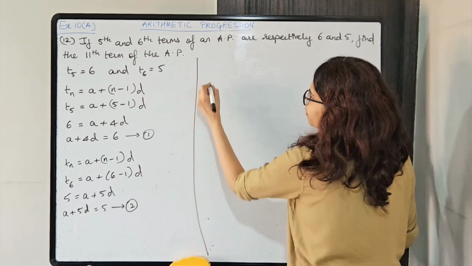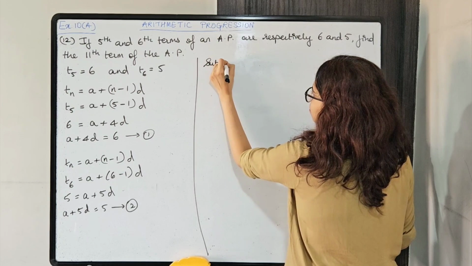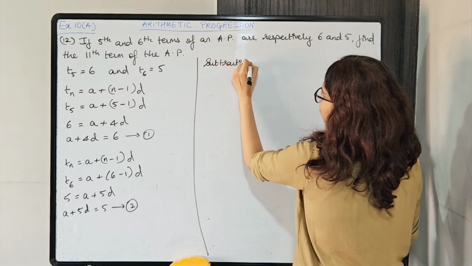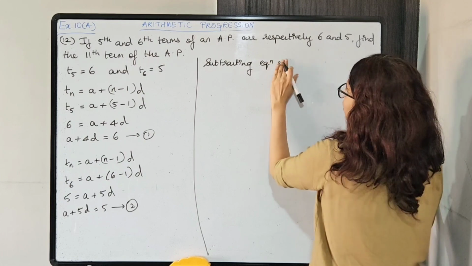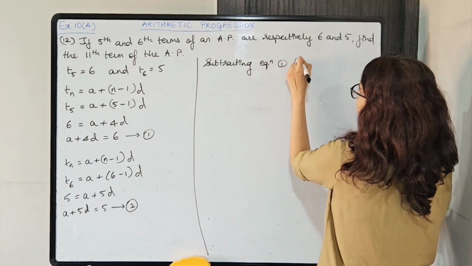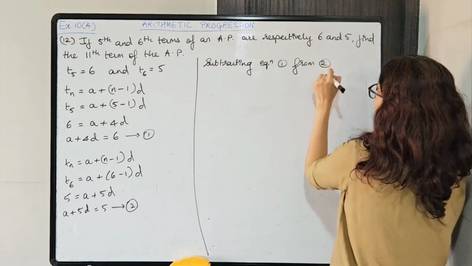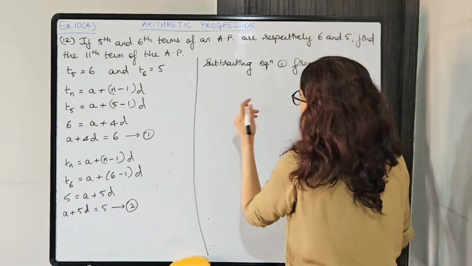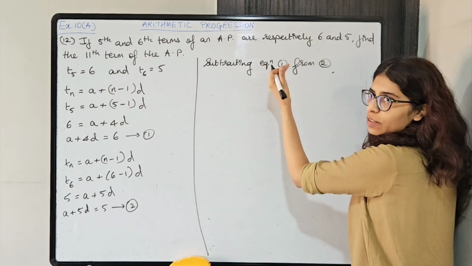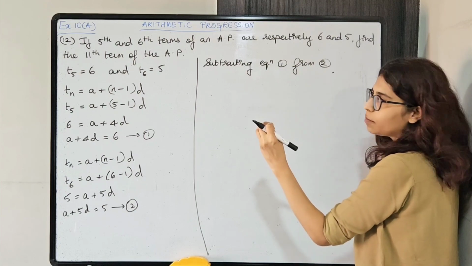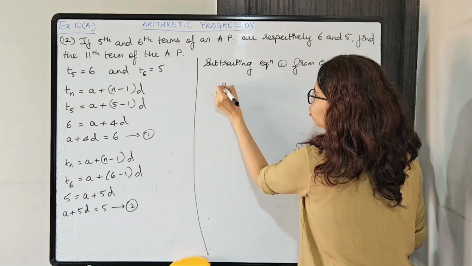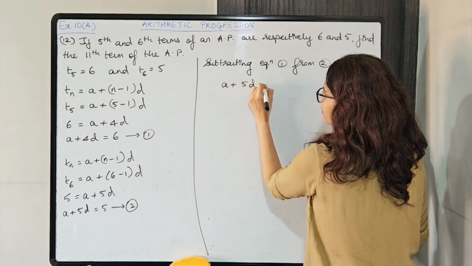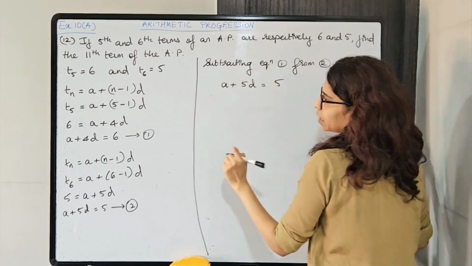So subtracting equation 1 from 2. Okay, it doesn't matter, you can subtract 2 from 1 also. So I'm subtracting 1, so I'll write 1 later, all signs will change in equation 1, and 2 will remain as it is. So write down 2 and subtract 1.